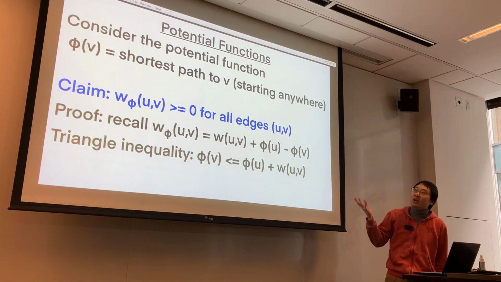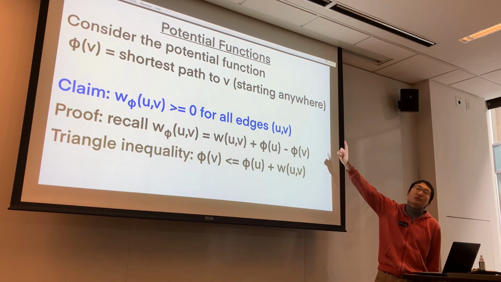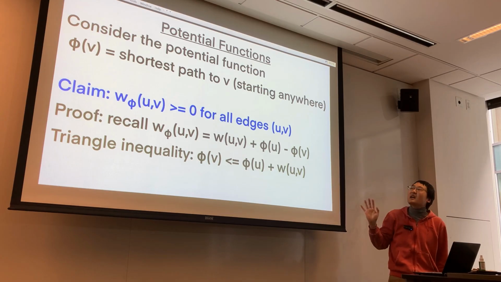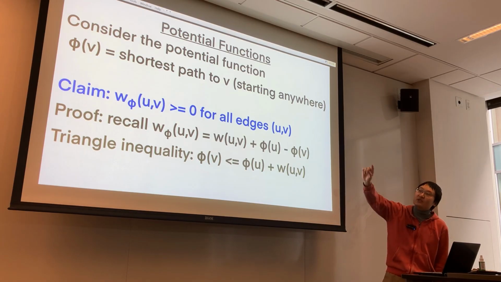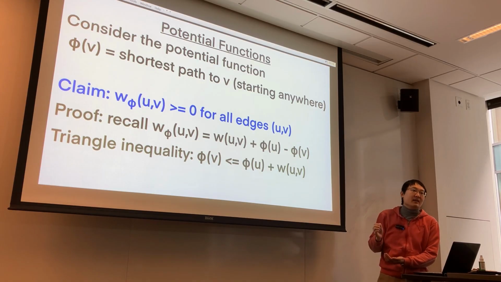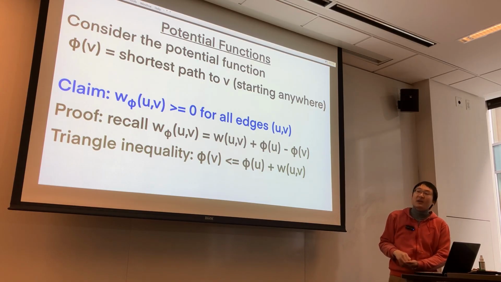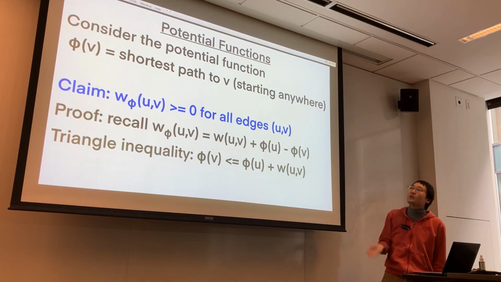I'm going to be a little more general in this setting, where I'll say this is the shortest path starting from anywhere to V. We'll show later on this is morally the same as single source shortest paths, but for now just assume that it's defined to be the length of the shortest path to V starting from anywhere. So for example, the empty path starting at V to V is a valid path. So in particular, any path, if it's better than that, must be negative. This will be a fact we will use, but for now, we will not really use that much.